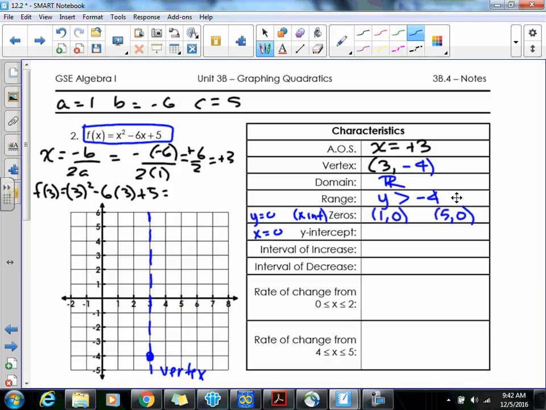Where is my y equals 0? Okay. Who still doesn't see it?